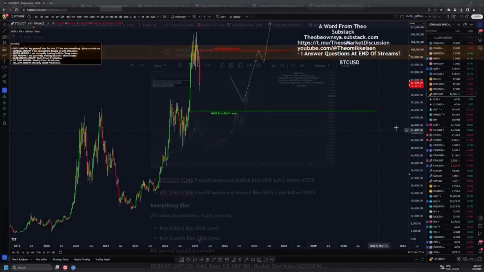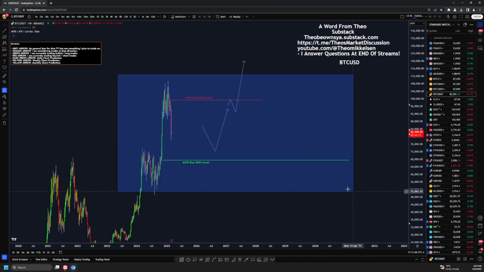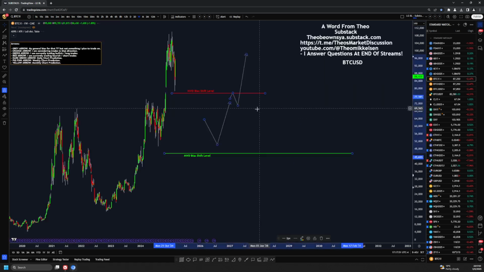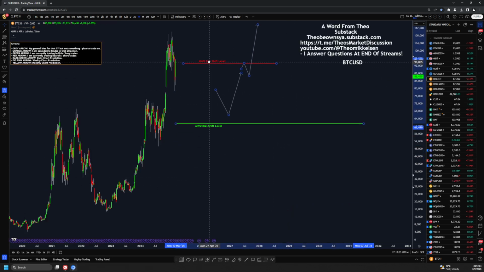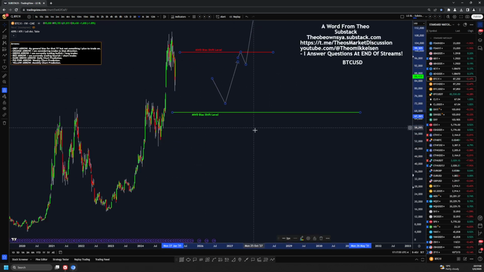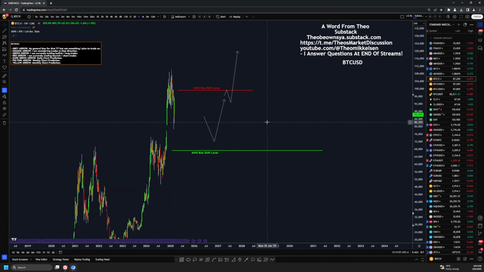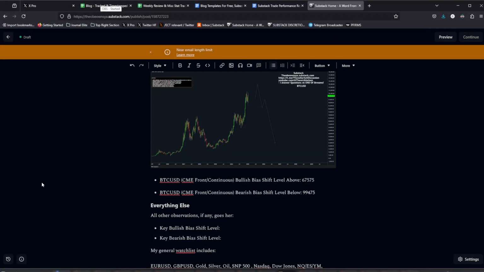And on the CME, I'll make a similar analysis here for the continuous chart of CME. I'll move this up and put this like maybe around there. I think that we could still be trading higher for as long as that's the truth, and then you can see the corresponding levels there as you please.